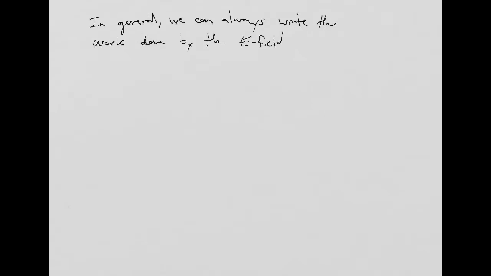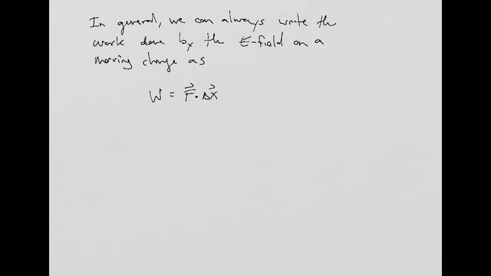So in general, we can always write the work done by the electric field on a moving charge as, remember, work is force through a distance, right? And it's a dot product. So we have F dot displacement.